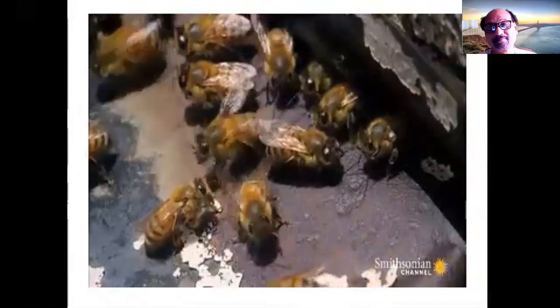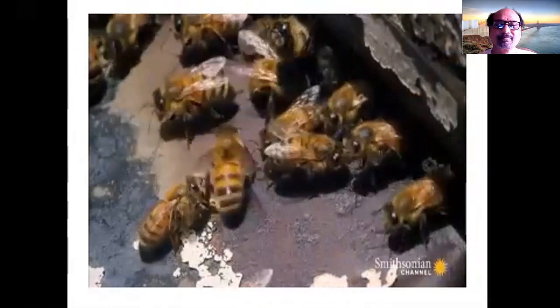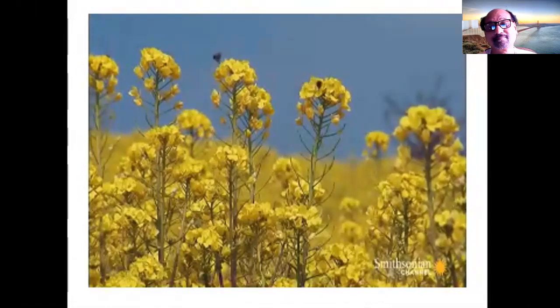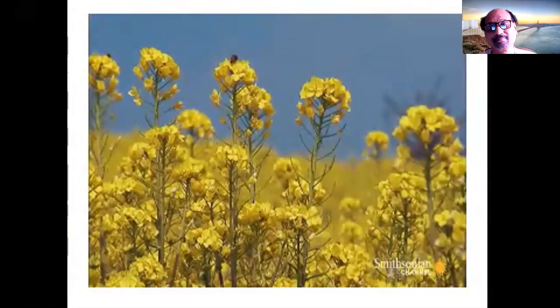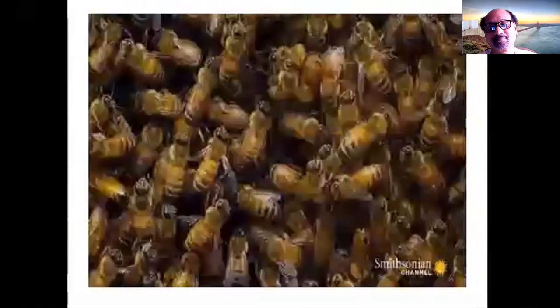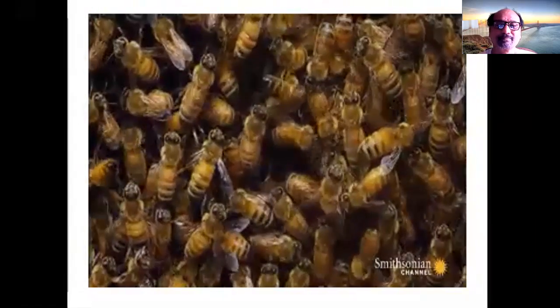Some of her fellow workers set off immediately to find it. In one short season, the colony's workers will visit up to 500 million flowers and will make around 90 kilograms of honey. That is sufficient to sustain the whole colony through the coming winter when there is no nectar to be had.